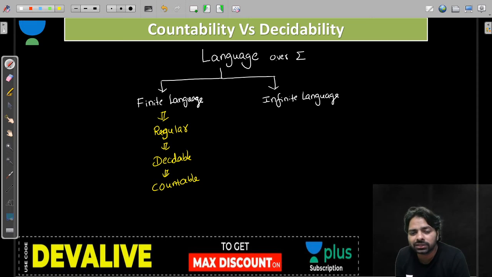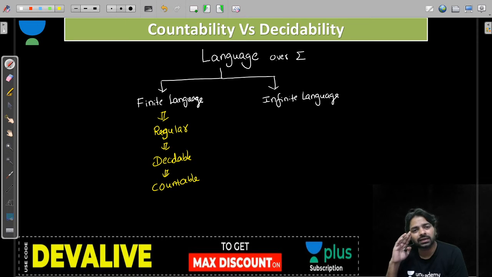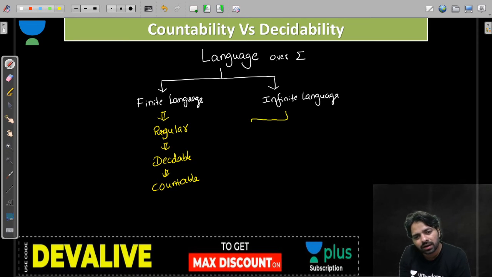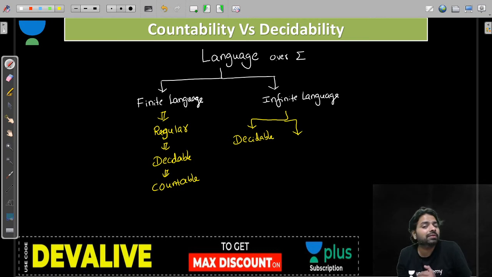For infinite languages, I'll focus mainly on the three classes that we have discussed in undecidability. Some are decidable, which are infinite, it's okay. All the finite languages are decidable, but not every infinite language is decidable, remember.